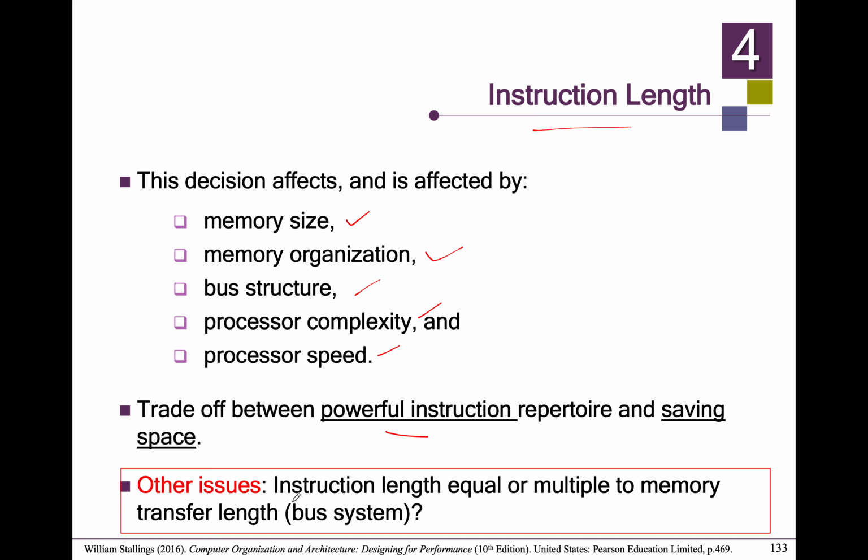Other issues that might come in are whether instruction length is equal to or a multiple of the memory transfer length of the system bus. If you want extra notes, you can refer to the Pearson Education Limited books.